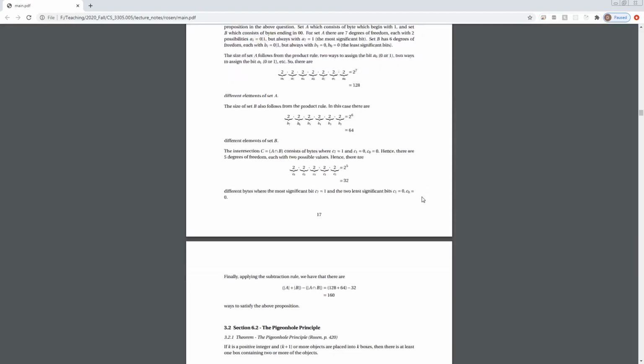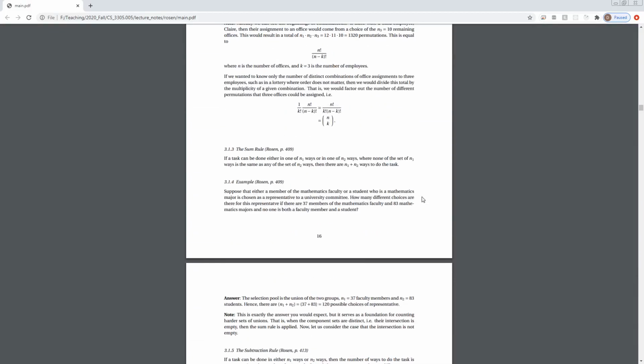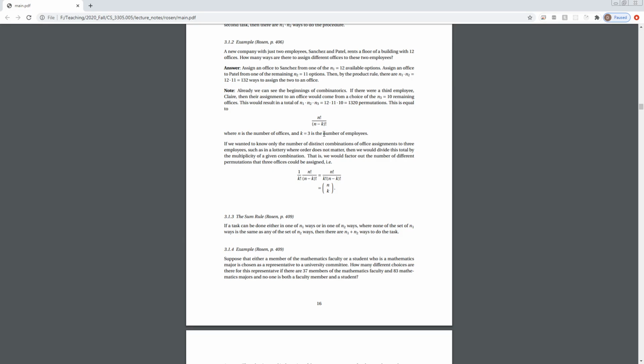Here, let's backtrack to the last lesson. Okay, so here we had chosen K offices, and we got our product notation to see how many different ways those three individuals could have selected those three offices.